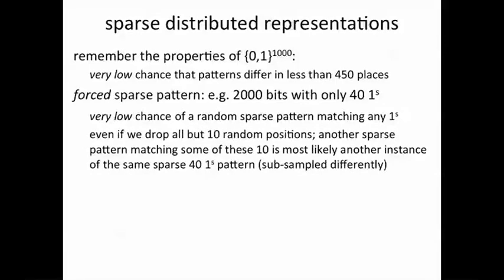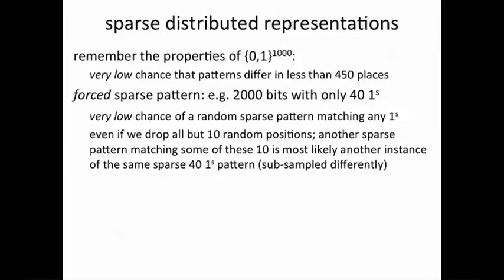Even if we drop all but 10 random positions out of these 40, let's say we have a pattern which has 40 ones, but we decide to retain only 10 of them at random. And then think about another sparse pattern of 40 ones to start with.